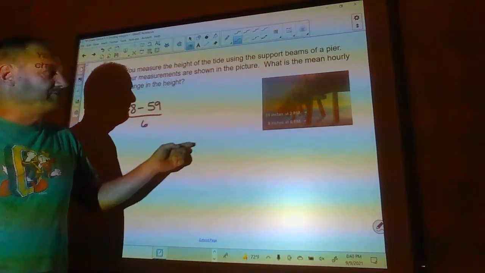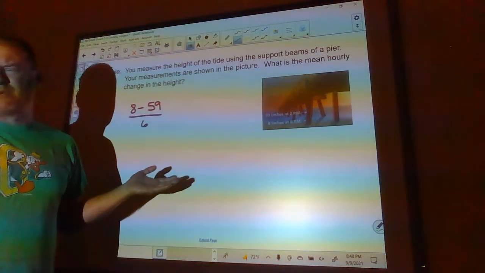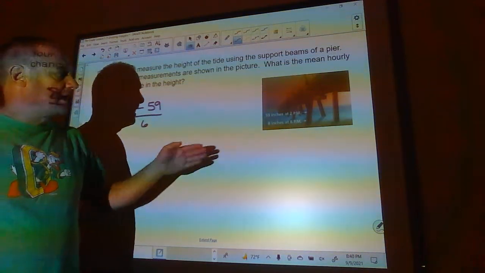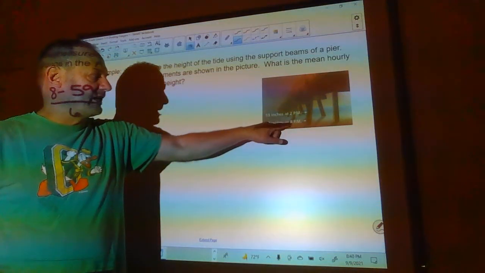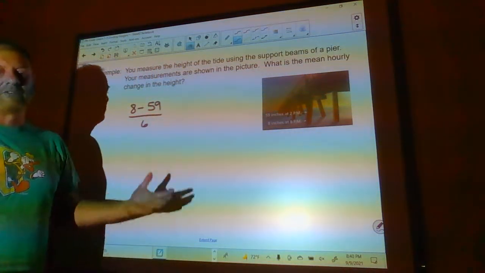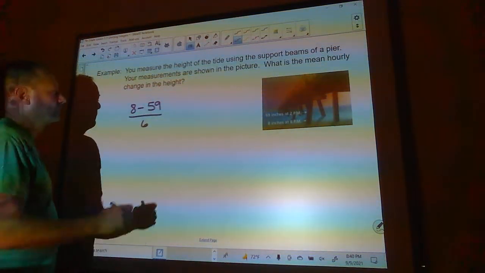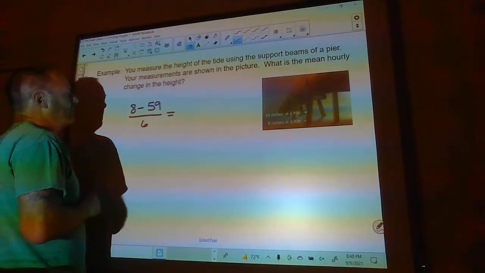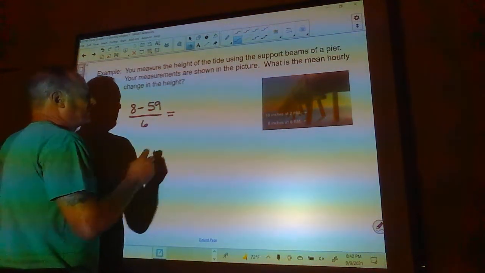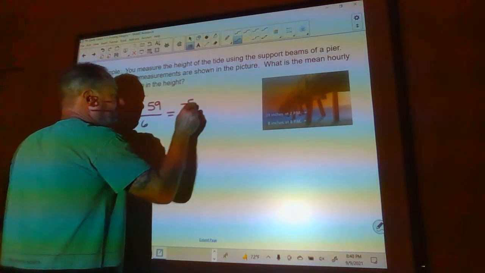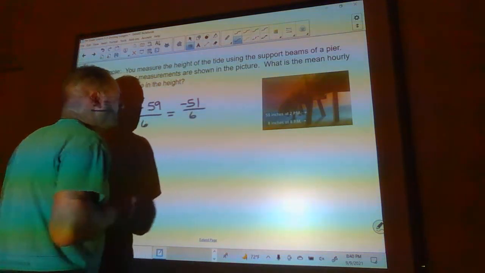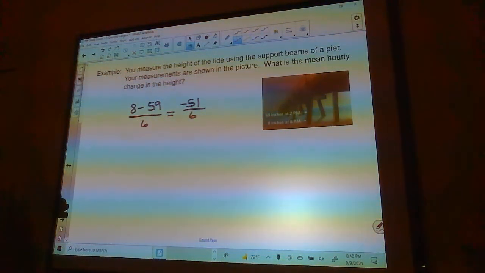Okay, so if you took 59 and subtracted 8, your answer would be positive. Okay, but you can tell the tide is going down, so my answer has to be negative. So I got to take the small number and subtract the big number. Okay, so 8 minus 59, that's going to be negative 51 divided by 6.